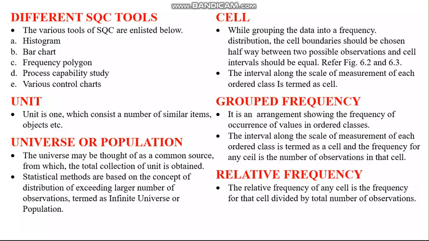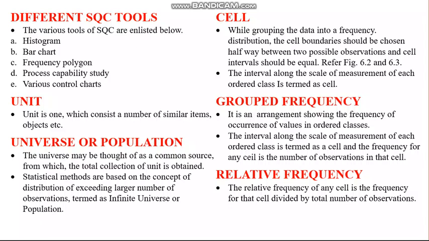Okay, the interval along the scale of measurement of each ordered class is termed as a cell. The interval means 40 to 50, this interval is a cell, and the frequency for any cell is the number of observations in that cell. Like 40 to 50 is a cell, and 20 students have scored marks between 40 and 50.